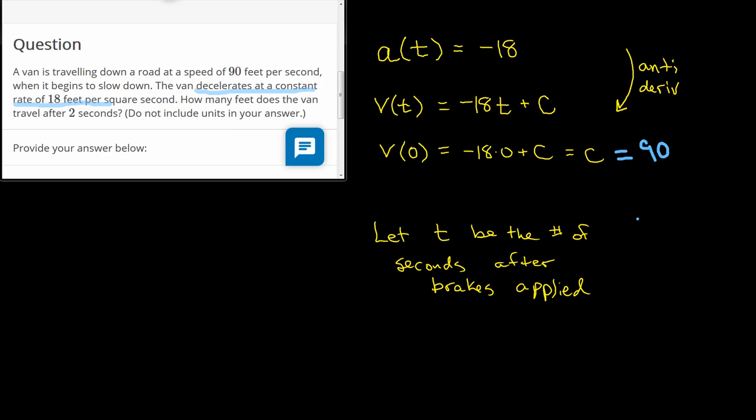If not, you can rewind the video and go through it again. But the point is, we know that the value of c should be 90, because 90 is the initial velocity of the van, and the problem tells me that the initial velocity of the van is 90. All right, good. So we got that. Slowly but surely, we're chipping away here.